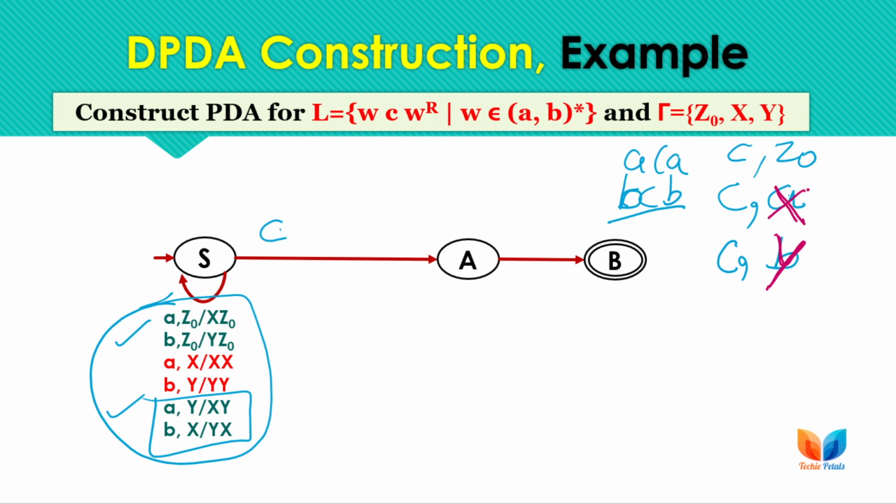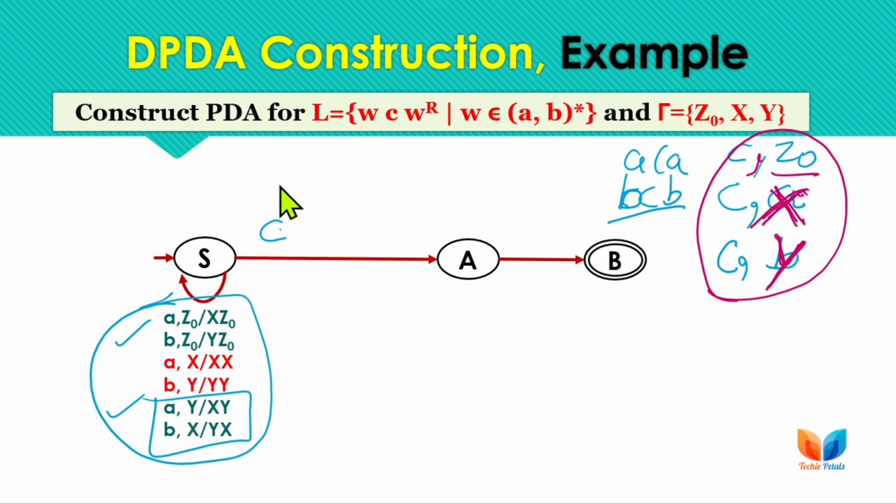So if the input is C and the stack top is Z0, or the input is C and the stack top is X, or the input is C and the stack top is Y, we just need to change the state from the initial state to another state A without changing the stack top, because we need not match C with any input symbol.